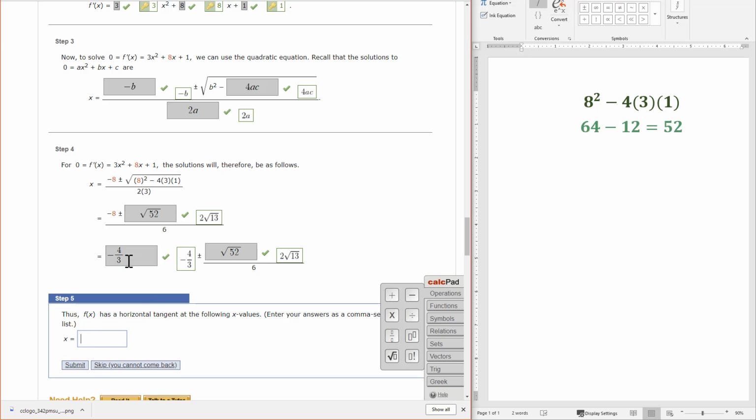So it looks like we simply have to put these together, a 4/3 plus and a 4/3 minus.